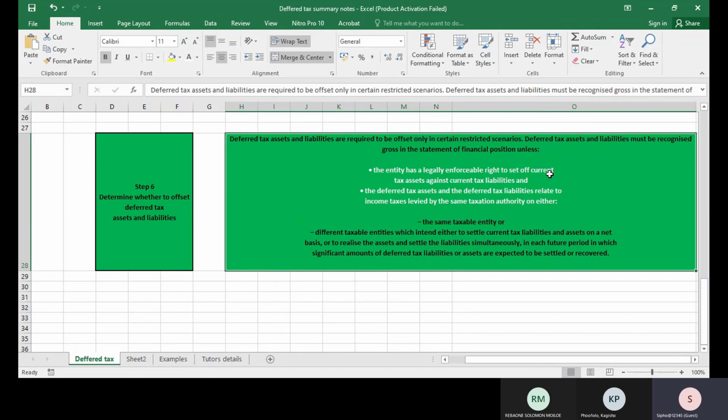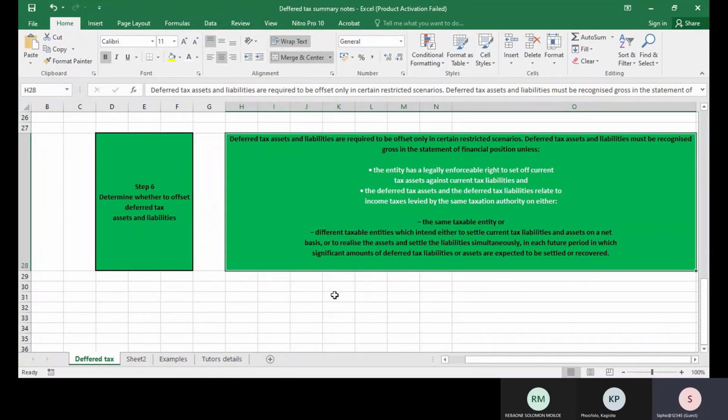You know most that they are recognized gross, meaning that in your balance sheet under non-current assets you have deferred tax assets, and then under non-current liabilities you have deferred tax liabilities. But unless the entity has a legally enforceable right to set off current tax assets against current tax liabilities, then that's when you're going to offset them. The deferred tax assets and the deferred tax liabilities must relate to income taxes levied by the same taxation authority on either the same taxable entity or whatever.